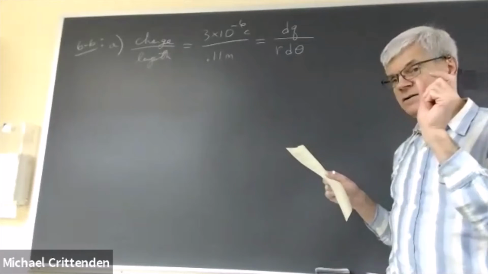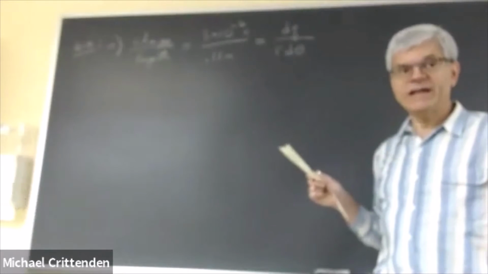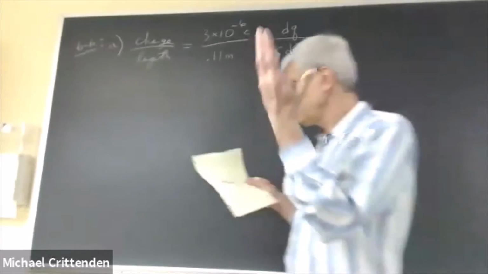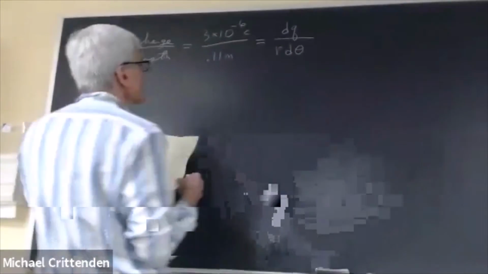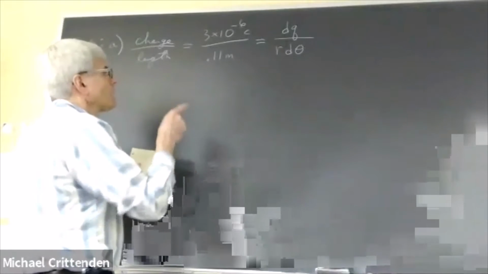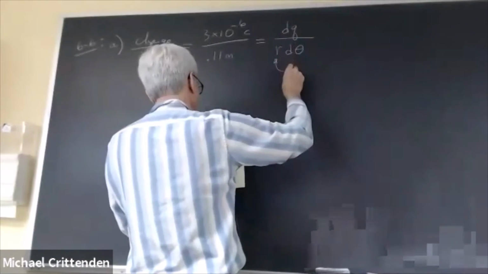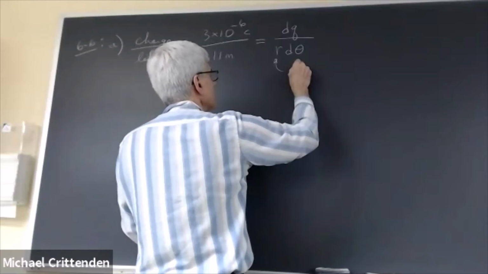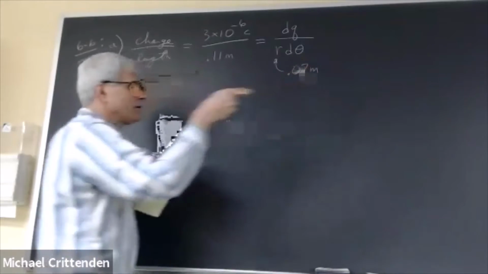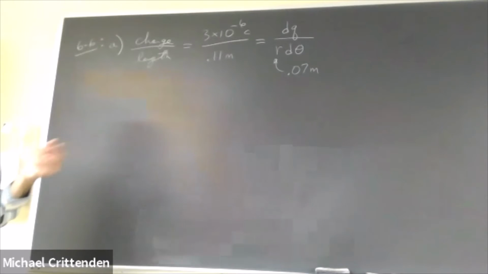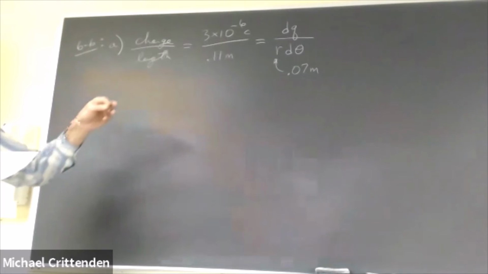So it's a dl for length equals r times d theta instead of s equals r times theta. The radius of the circle is labeled on the picture, 7 centimeters, 0.07 of a meter.